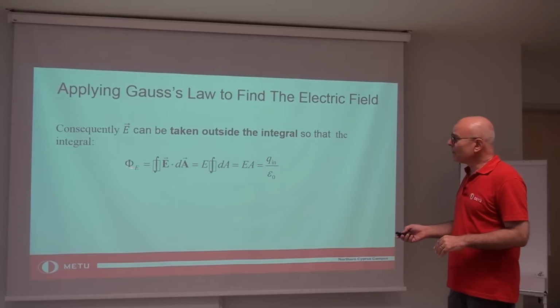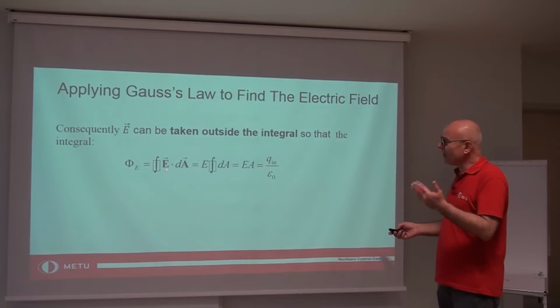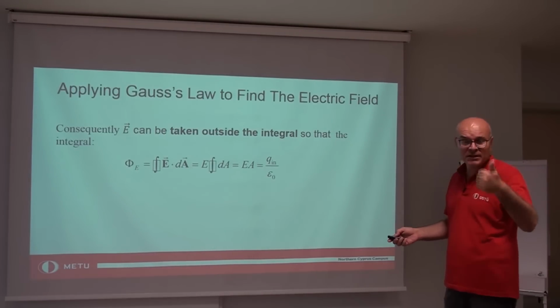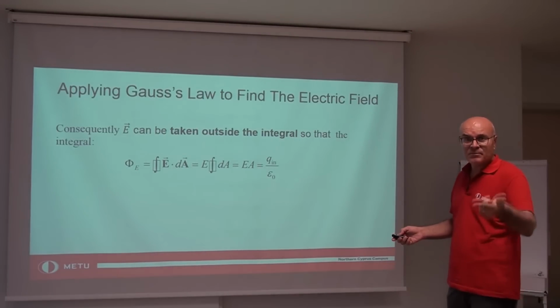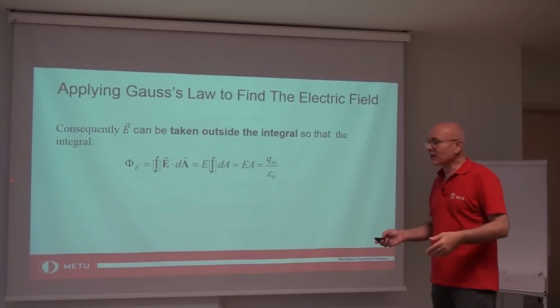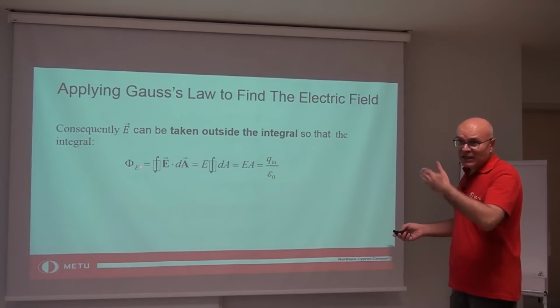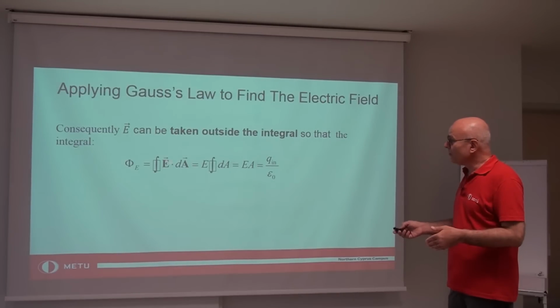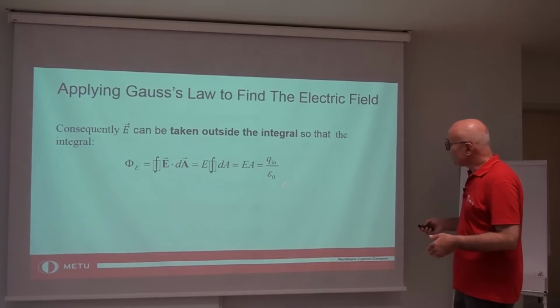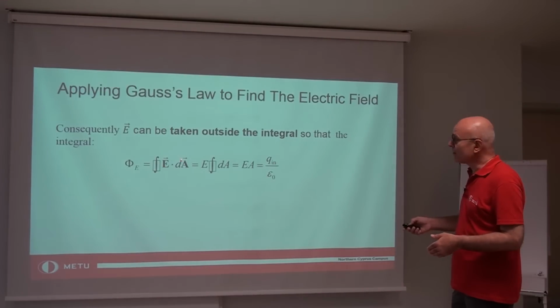So why do you choose the electric field to be uniform, and why is it parallel, or at least antiparallel, to dA? Because on the left-hand side of Gauss's law, you have this integral. On the right-hand side, you have this value.